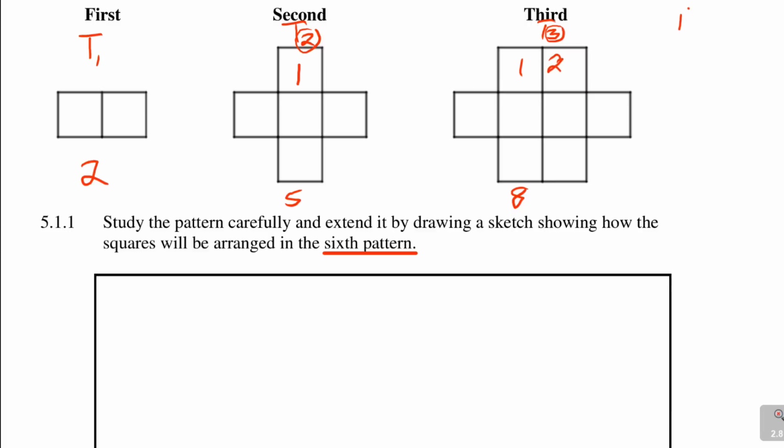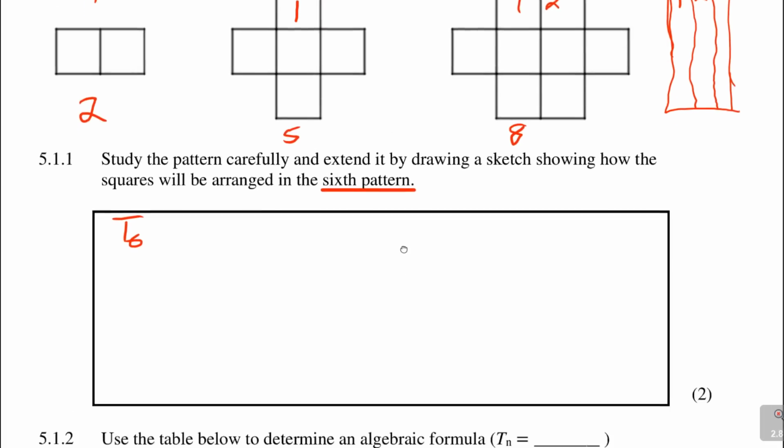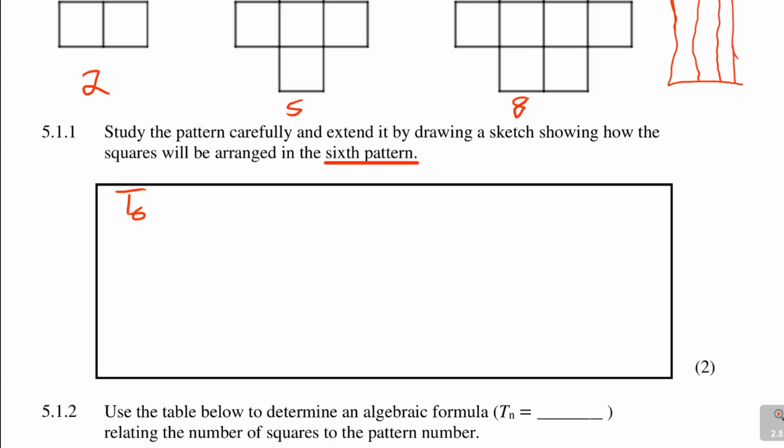If it was T4, you're going to have it like this. You see, you're going to have 1, 2, 3. Now, since the question says we need to find T6 or sixth pattern, we have 5 of these. So you draw them like this.